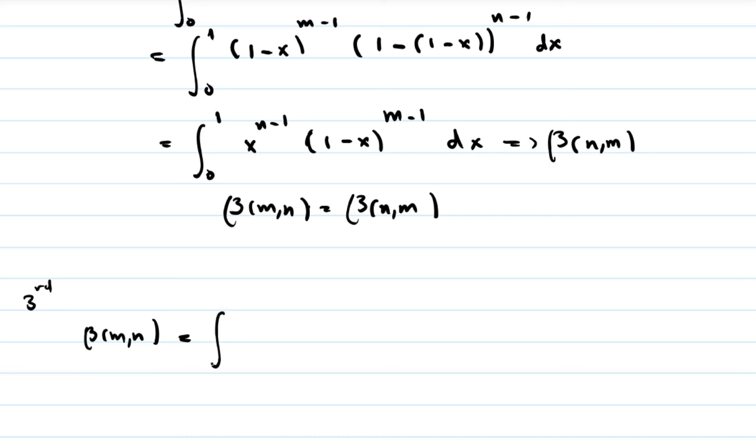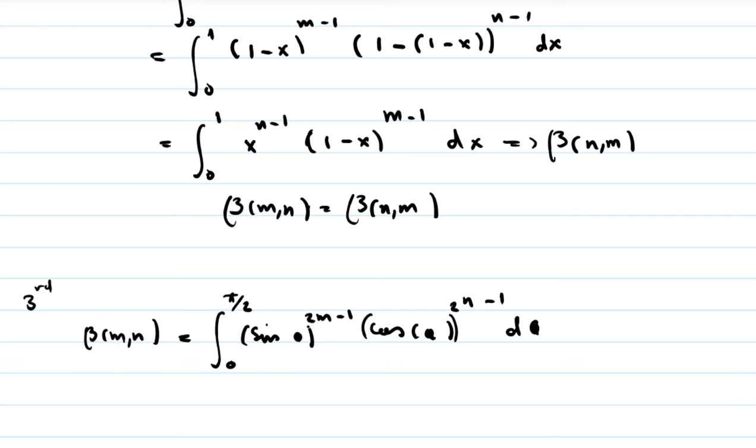It is integration from 0 to pi by 2 of sine of theta raised to 2m minus 1 into cos of theta raised to 2n minus 1, d theta. This is the last property we are going to use when solving problems. This is the equivalence of the beta function of m and n.